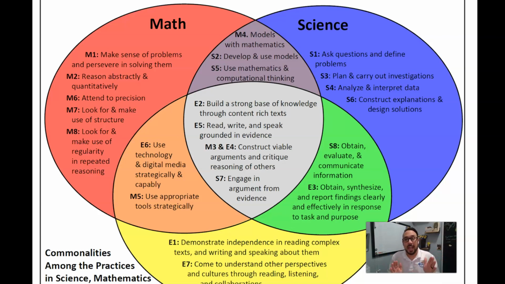You don't necessarily have to identify all these things, but I wanted to show you that this is a trend in which standards are moving, where they don't exist in silos anymore. They're trying to be more cohesive and create more overlap, because in the real world, that's how knowledge is applied.